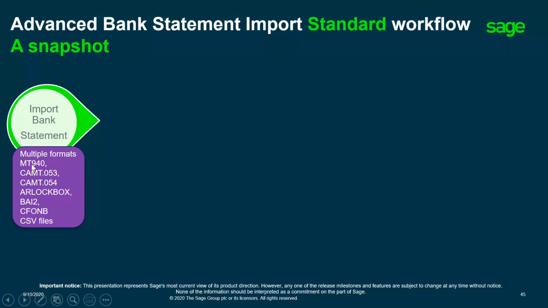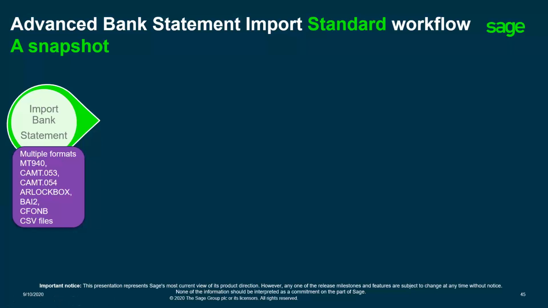For the moment, in X3, we have delivered the following formats: MT940, CAMT, which is XML format, and then the others. Some of them are used in Germany, some in the US, some in the UK. And then the last one is CSV files, which is Excel.